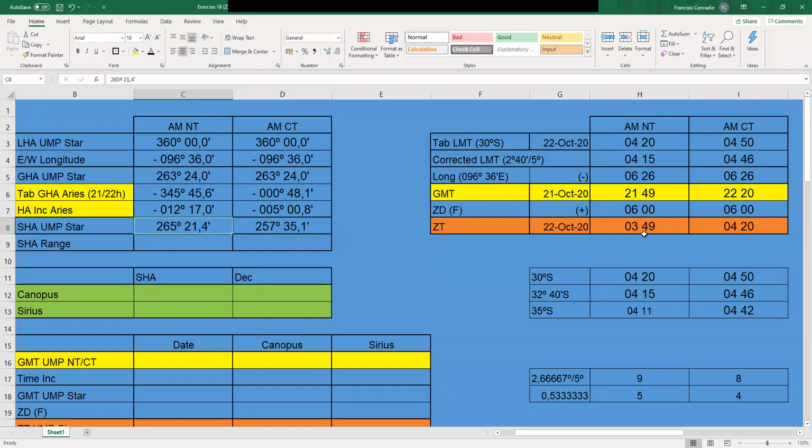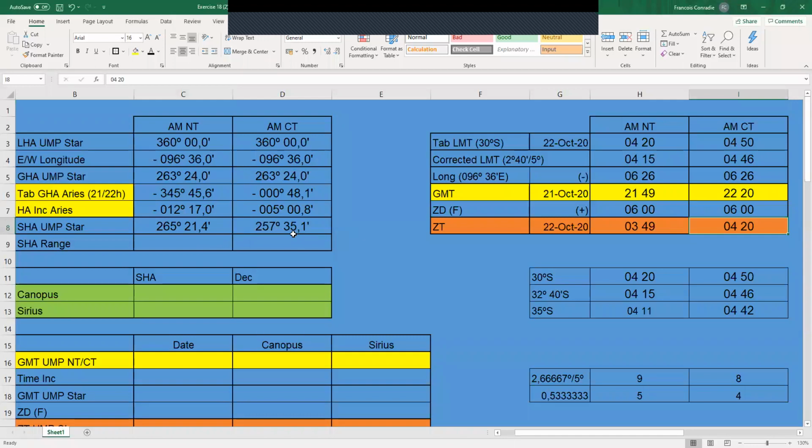And then the later time that we're using, the 4:20. Any star that is at Upper Meridian Passage at 4:20 will have an SHA of 257, 35.1.